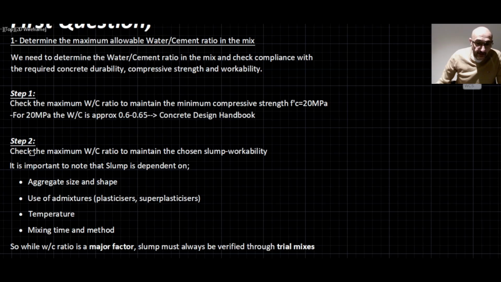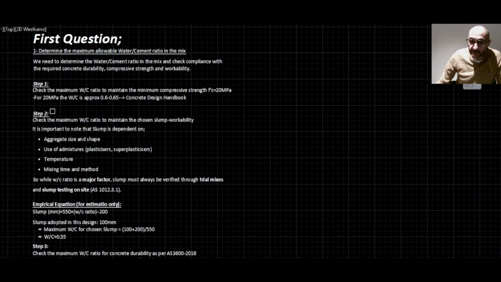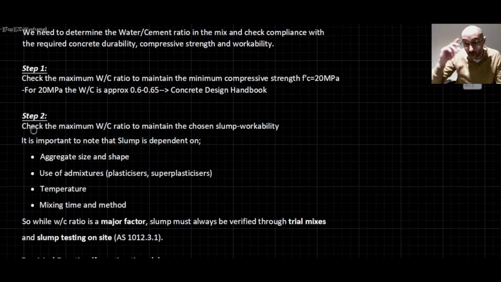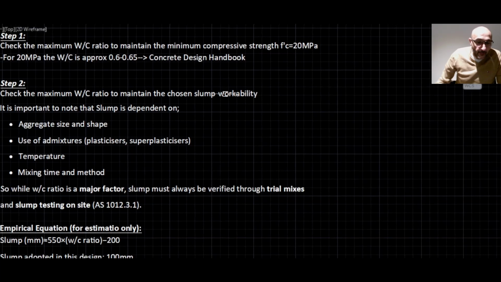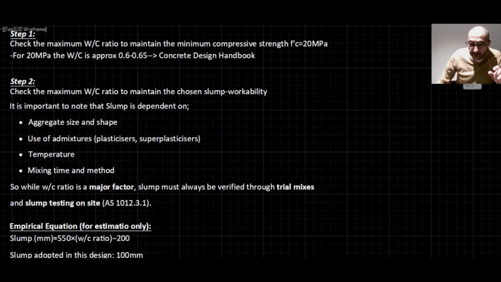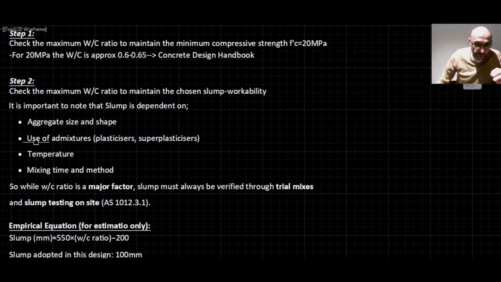Step 2, check the maximum water cement ratio to maintain the chosen slump or the workability for 100 millimeters. It is important to note that slump is dependent on many things: the aggregate size and shape, use of admixture like plasticizers or superplasticizers, temperature, and mixing time as well.